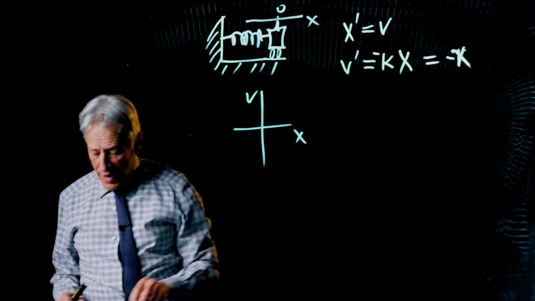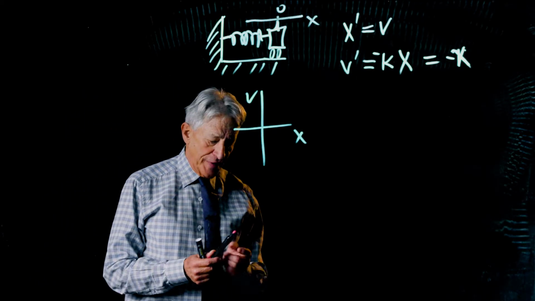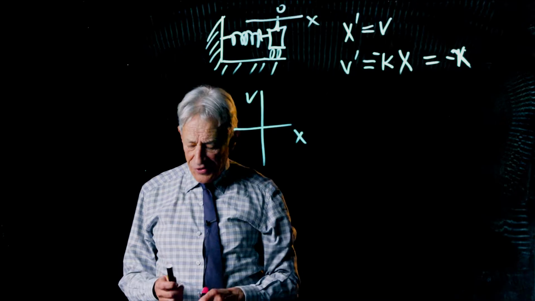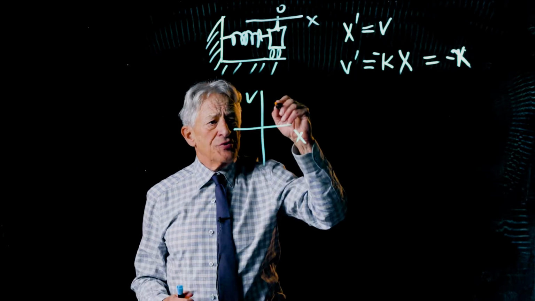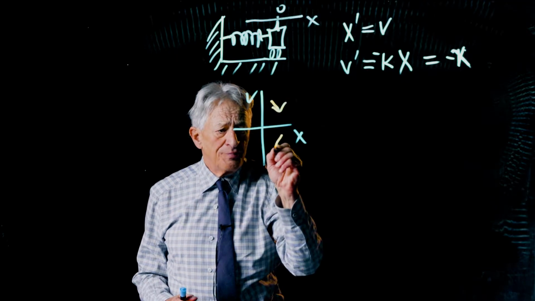Then we graphed a bunch of change vectors for this, and we saw that the change vectors go like this.